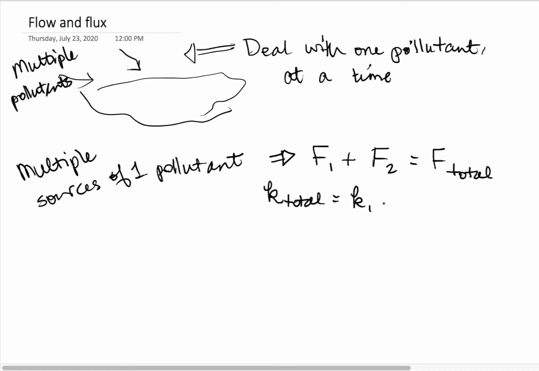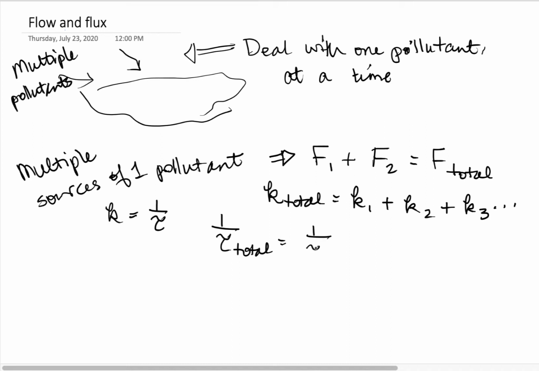Each of these are going to add up together, which means that since there is an inverse relationship between the rate constant and the residence time, the residence times are going to have an inverse relationship when they add up. This is just coming from inverting each one of these individually for their residence times.